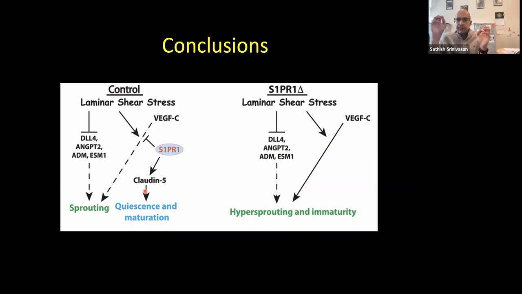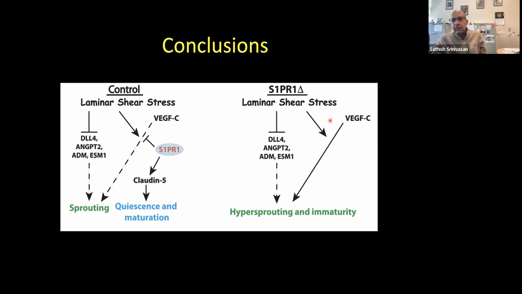Even in adult mice, if you delete ERK1 and 2, these mice will die in no time. Within a week, they are dead. So ERK, the MAP kinase pathway, is very critical for maintaining the quiescence of endothelial cells. And S1PR1 is basically playing this role in shunting the MAP kinase pathway to maintain the quiescence of endothelial cells.